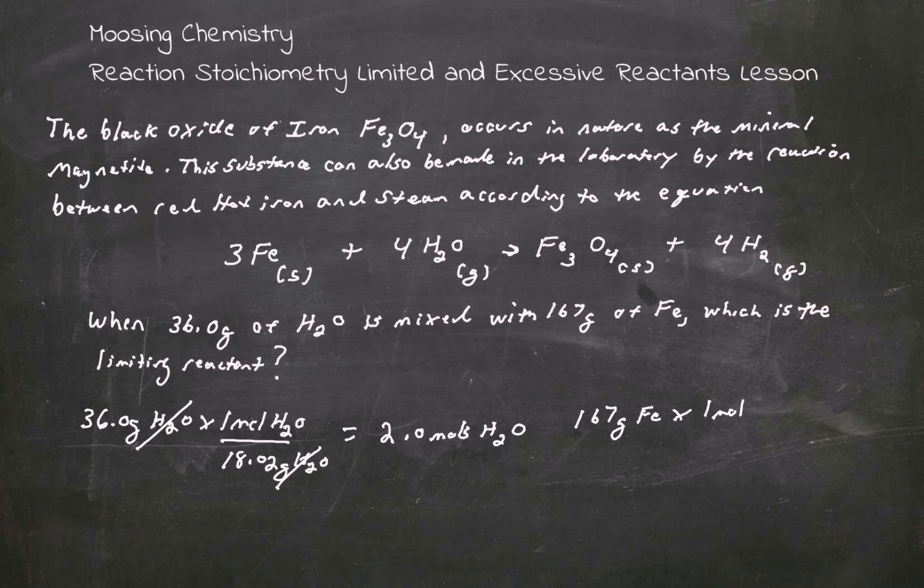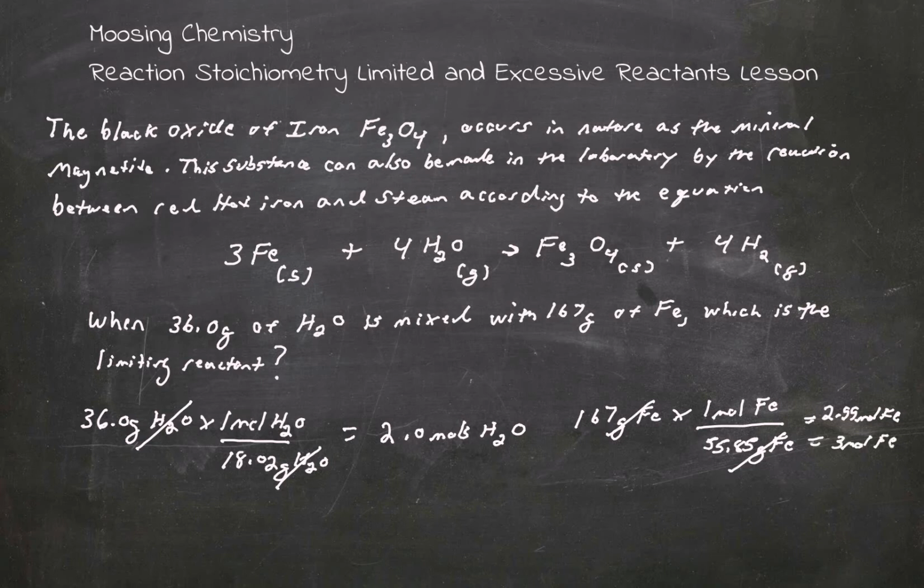So it's 1 mole of Fe over the molar mass of iron, which is 55.85 grams of iron. Where did you get that number from? From the periodic table, of course. So that cancels out, and this makes exactly 2.99 moles of iron, which is the same thing as 3 moles of iron.